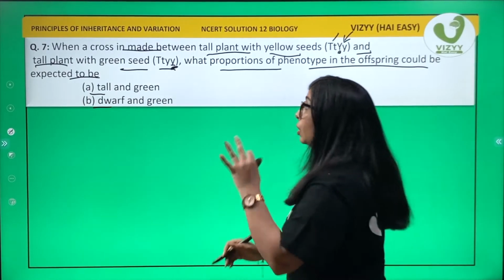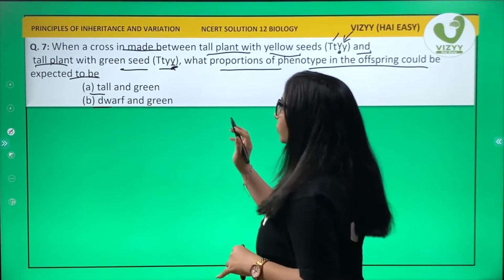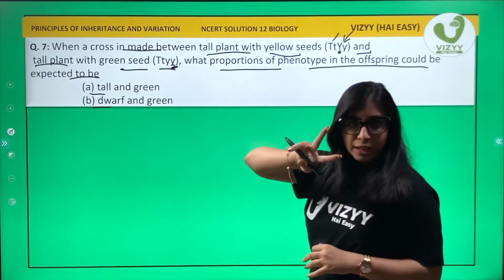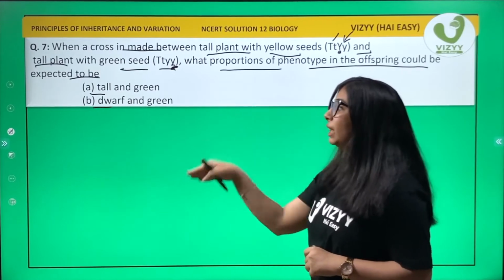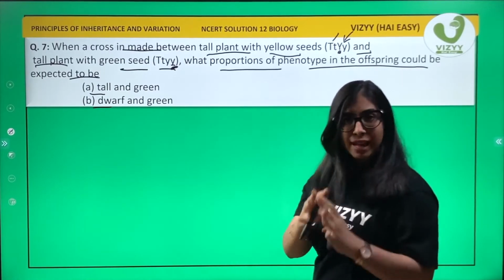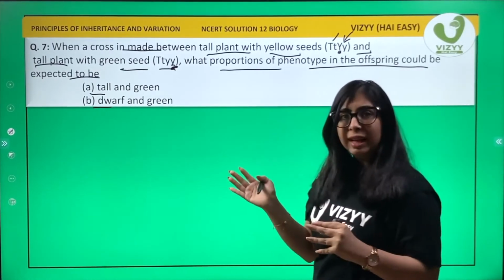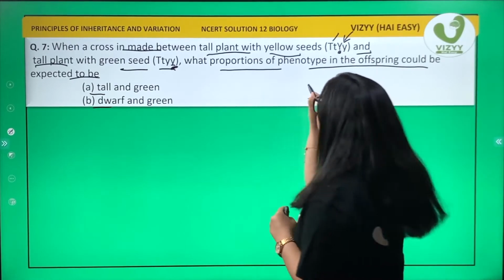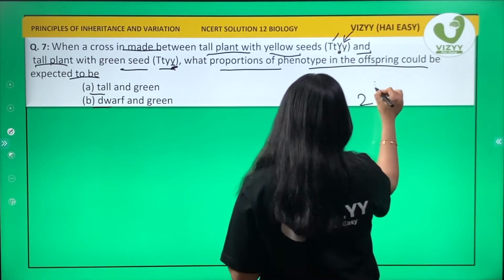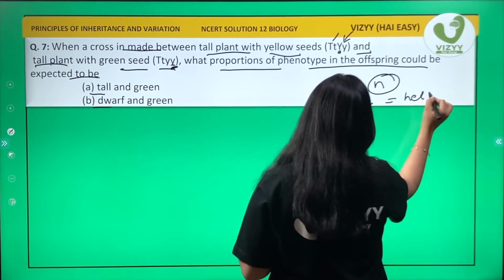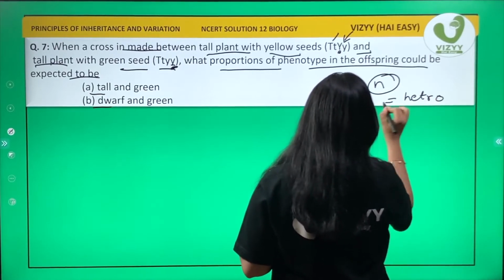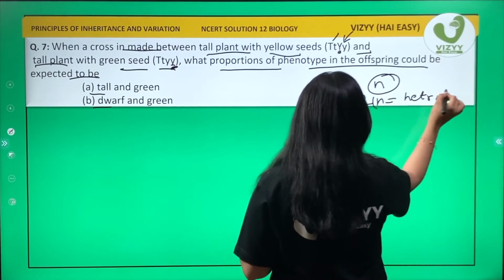Okay, students. So, we have got two parents with different genotypes. For each parent, we'll first make the gametes. For making the gametes, we have to use the formula 2 raised to n, where n is the number of heterozygous traits.